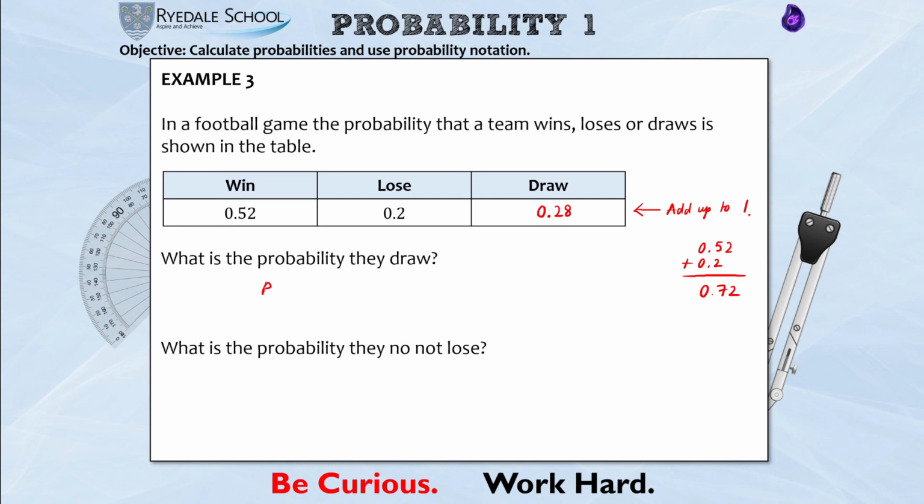So I can say the probability they draw, so I'm using my probability notation, equals 0.28. What is the probability they do not lose? Well, you could add together win and draw. I'm going to do 1 minus the probability that they lose, which is 0.8.